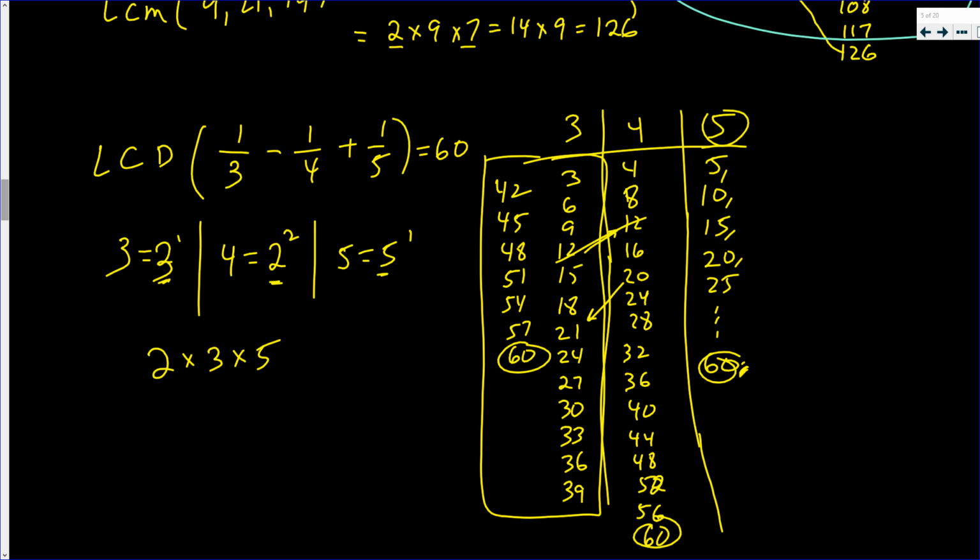The largest power of 2 that I see is 2. So 4 times 3 times 5. Well, 4 times 5 is 20.